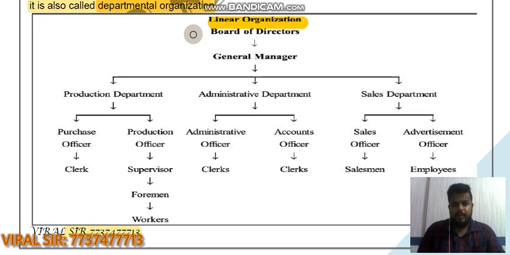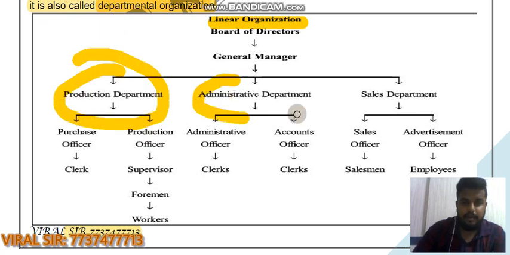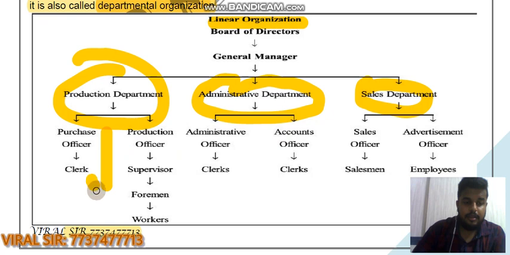In the administrative department, there are administrative officers, clerks, accounts officers, clerks. In the sales department, sales officers, salesmen, advertisement officers, employees. So we can see that work has been distributed department-wise, and second, it is in a straight line, top to bottom.